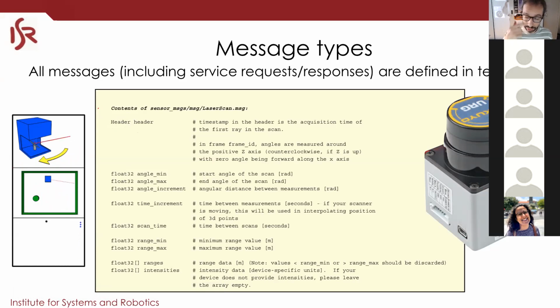In this case, this field of this message is of type header, which is another kind of message. I could have another message type with this laser data inside, so it can be nested. You have basic types, the floats, integers, strings, and so on, and on top of that, you have messages, which are more complex types.